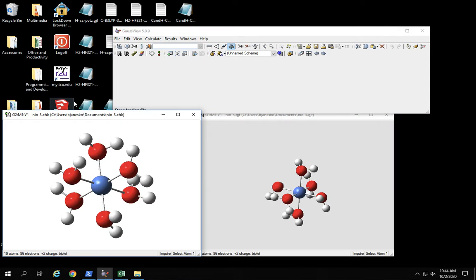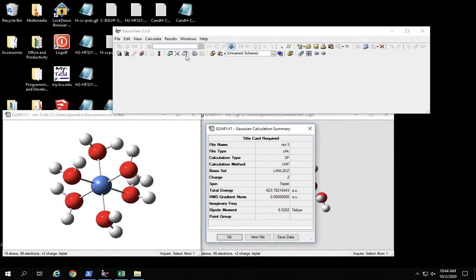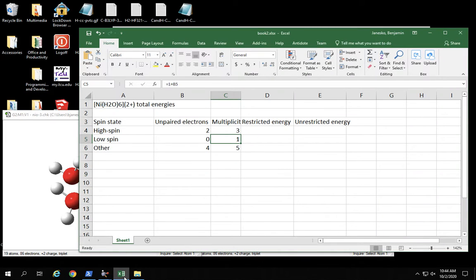I can open my checkpoint file. Look at the summary. There's my total energy in Hartree atomic units, so I can paste that into my spreadsheet. We'll talk about that later. This is my high spin state, total energy.